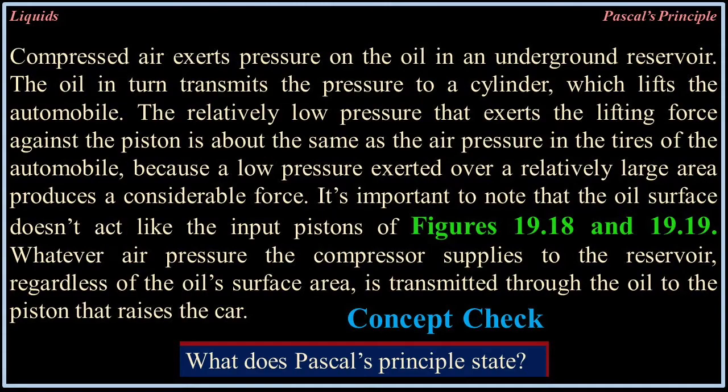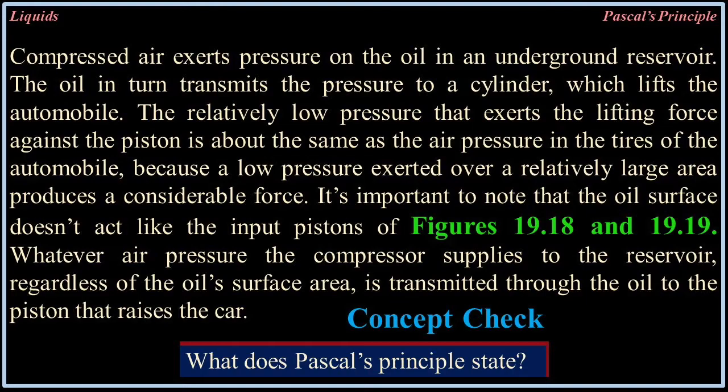Compressed air exerts pressure on the oil in an underground reservoir. The oil, in turn, transmits the pressure to the cylinder, which lifts the automobile. The relatively low pressure that exerts the lifting force against the piston is about the same as the air pressure in the tires of the automobile, because a low pressure exerted over a relatively large area produces a considerable force.